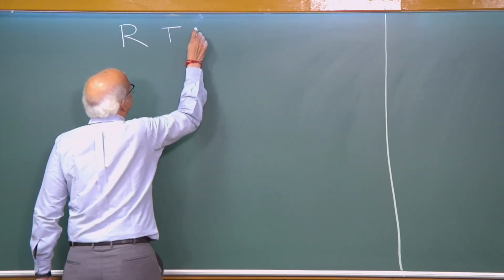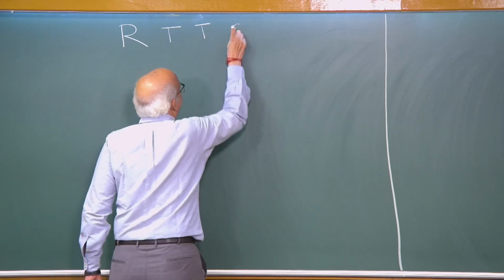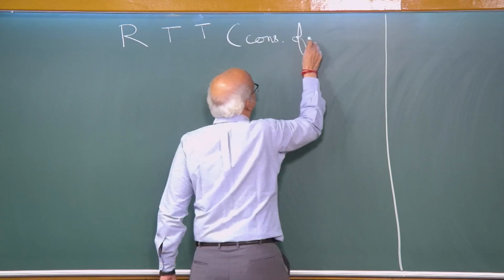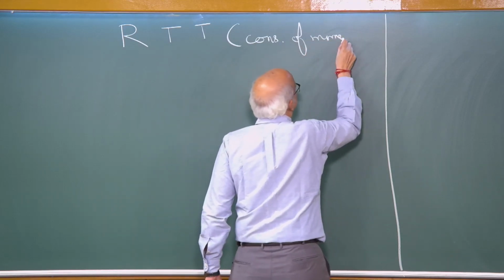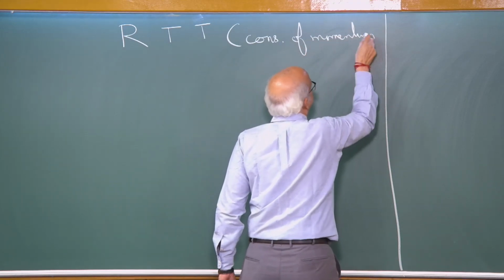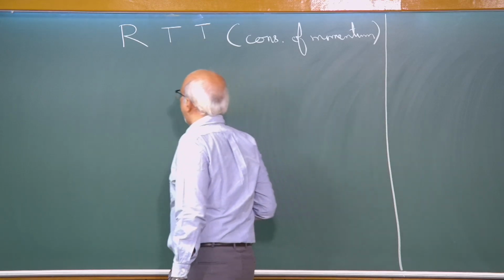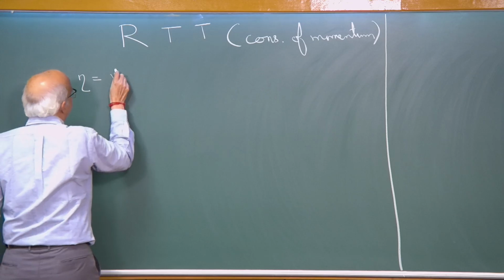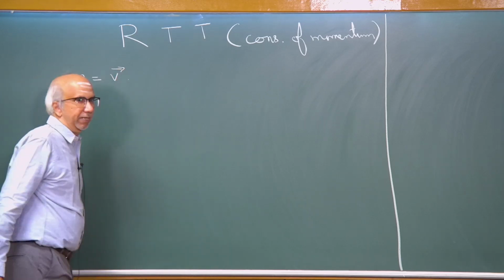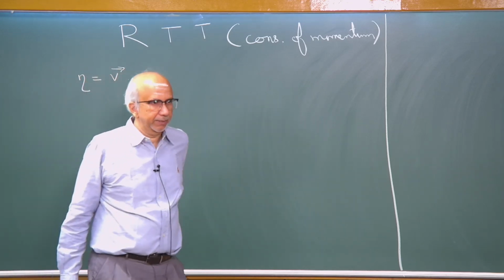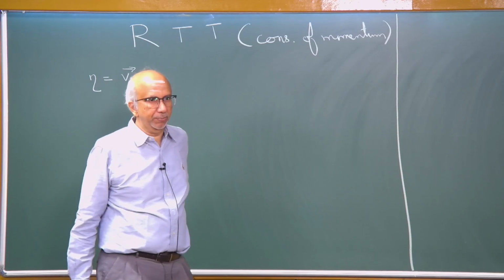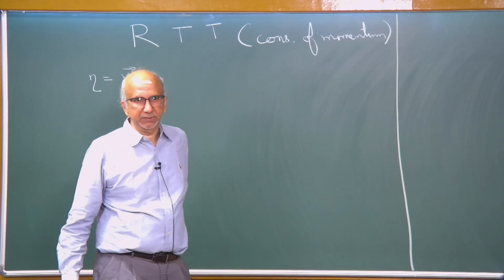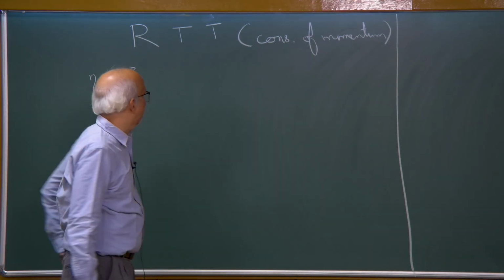the Reynolds transport theorem, and we are talking about conservation of momentum, and here eta is the velocity, that is the specific property, that is the intensive property which is independent of mass, and momentum per unit mass, that is velocity. Okay.